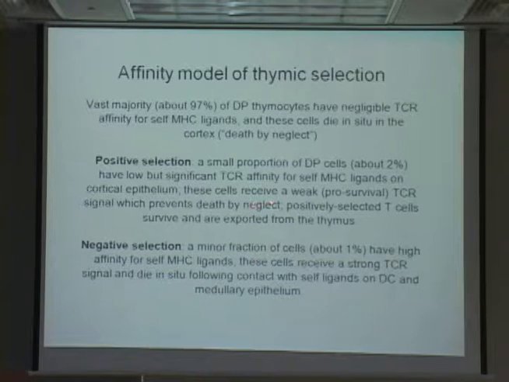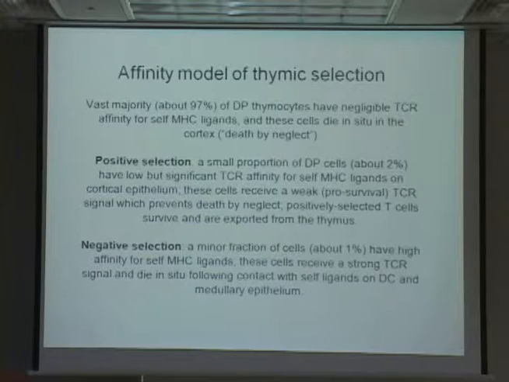Now, most of those cells will then make their way out of the thymus. But of the cells that undergo positive selection, some cells will actually have relatively high binding affinity for the MHC molecule. So if those cells were allowed to get out of the thymus, they would pose the risk of responding in a vigorous fashion and inducing autoimmune disease.